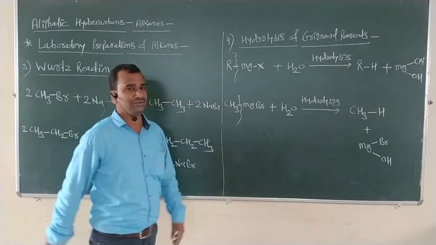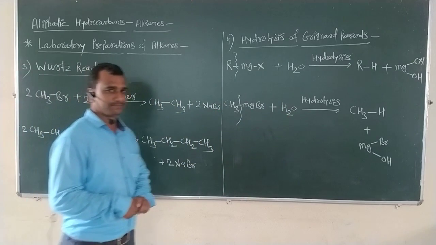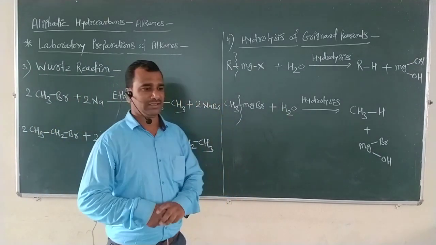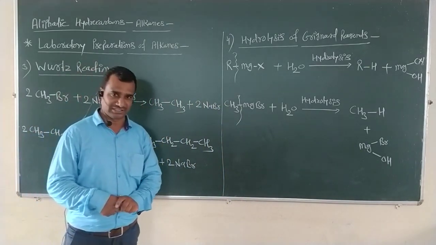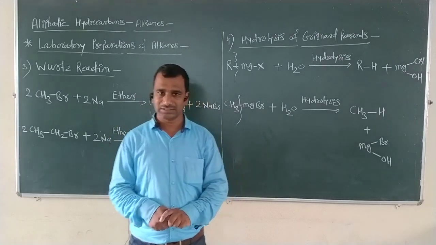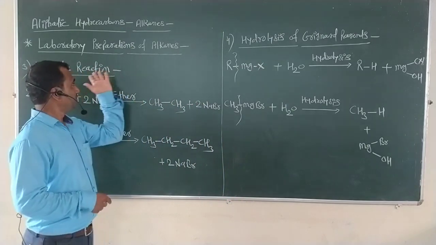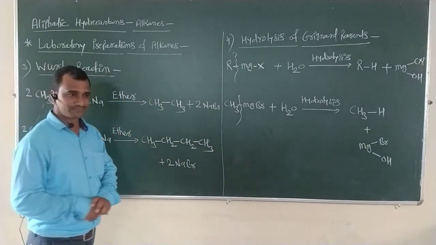So in today's video lecture, we studied 4 different methods for the formation of alkanes in the laboratory. The first method is catalytic hydrogenation. The second method is the reduction of alkyl halides. The third method, one important method, is Wood's reaction for the formation of alkanes.